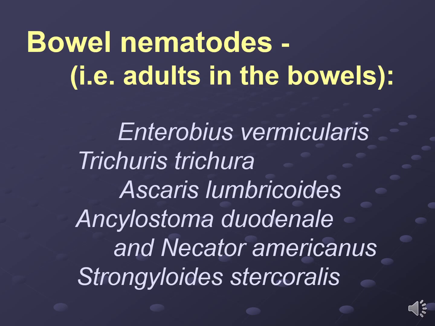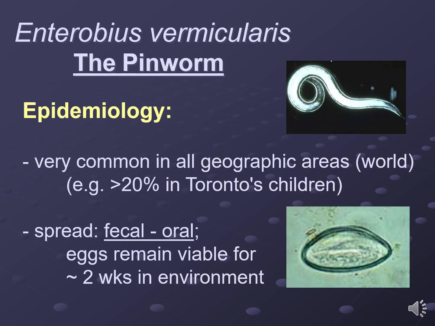Those are luminal parasites, luminal nematodes, and we shall go over those in a little bit of detail, have an idea about their life cycles, and we start with the Enterobius vermicularis, which is the pinworm.